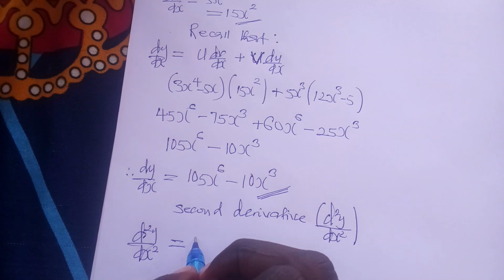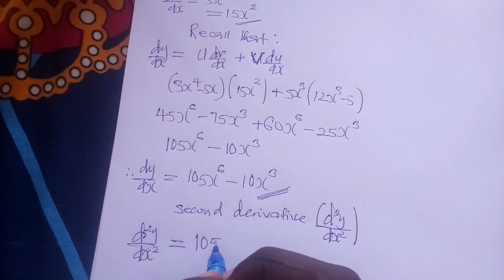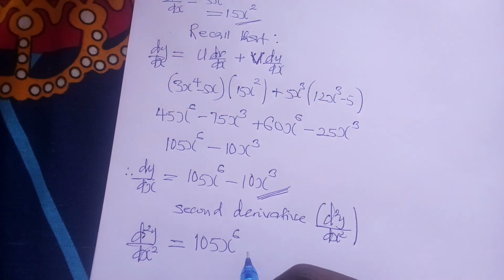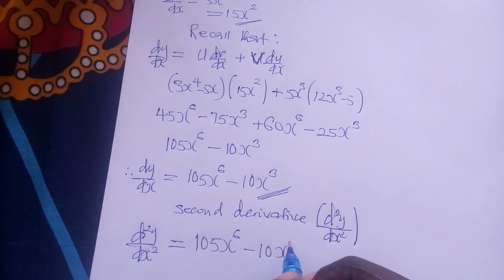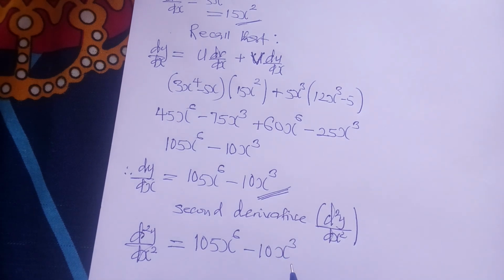This one becomes, you have 105x raised to the power 6 minus 100x raised to the power 3. Now let's differentiate this also.